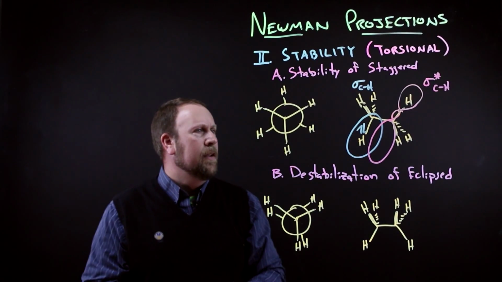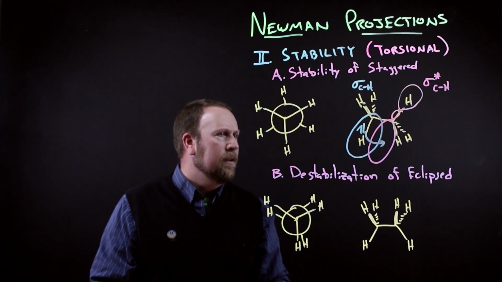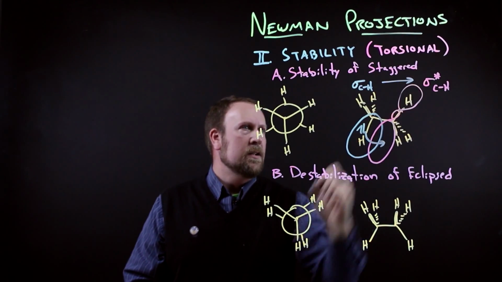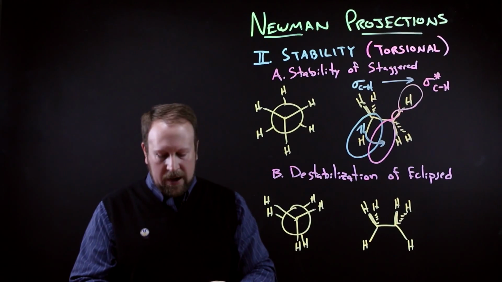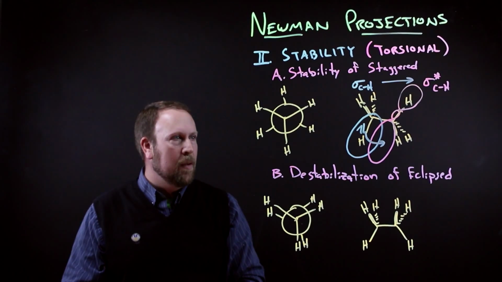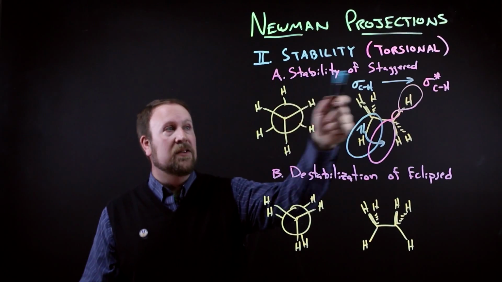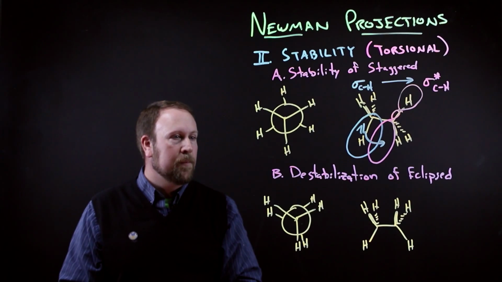And what happens is this lone pair that's in this molecular orbital can donate into that molecular orbital that's in the anti-bonding. So this sigma CH donating into sigma star CH is a way of helping to spread the electrons around that molecule, and that gives us an inherent stability. So this is a way of explaining the stability of the staggered conformations that we see.